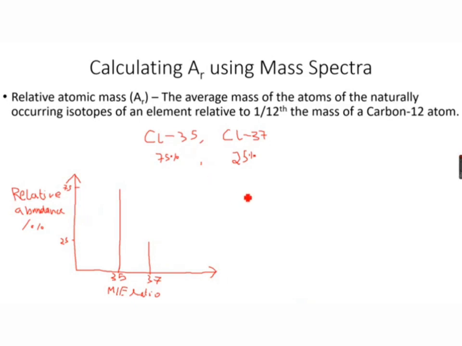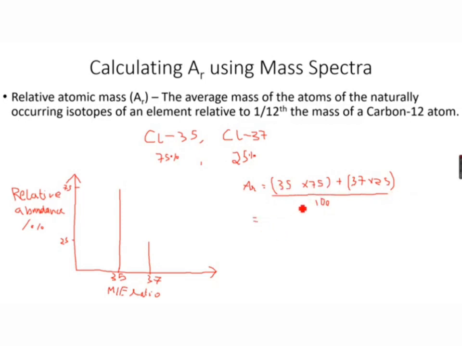So AR will be equal to 35 into 75, which is basically the mass into the percentage abundance, plus 37 into 25, again the mass into the percentage abundance, over 100, because 75 plus 25 is 100, so over a scale of 100%.